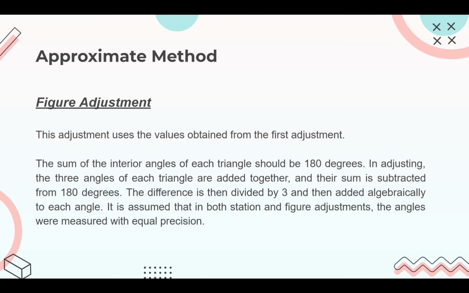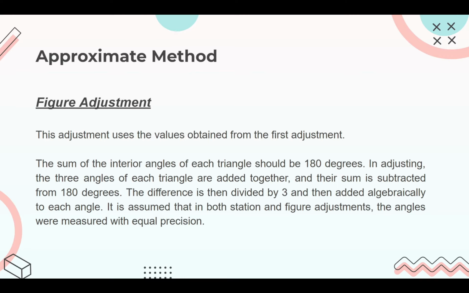Figure adjustment. This adjustment uses the values obtained from the first adjustment. Therefore, this must be performed only after the first adjustment is finished. For this process, the sum of the interior angles of each triangle should be 180 degrees.